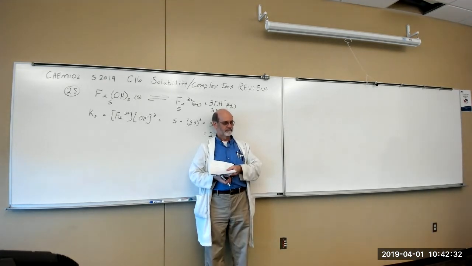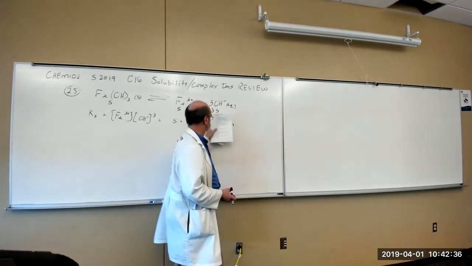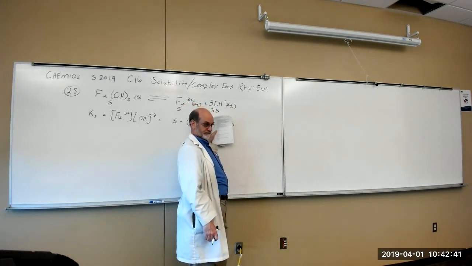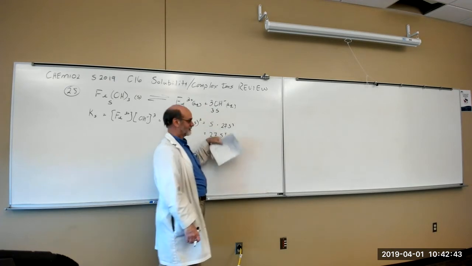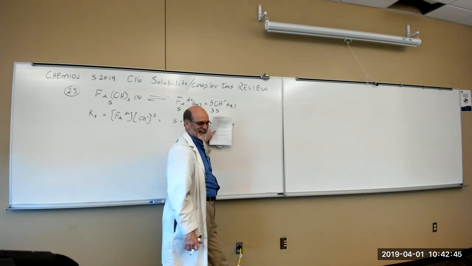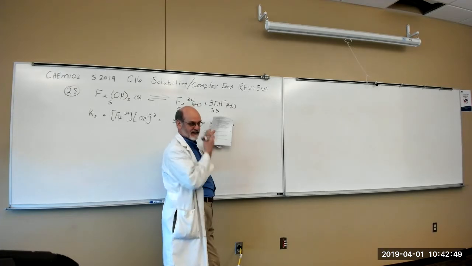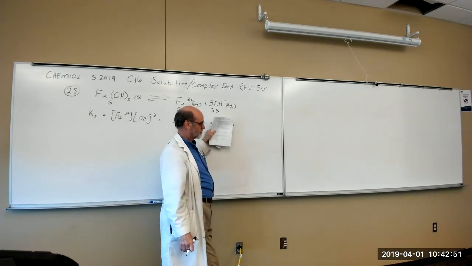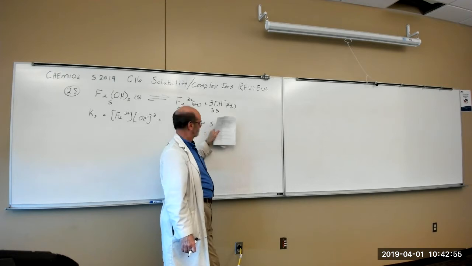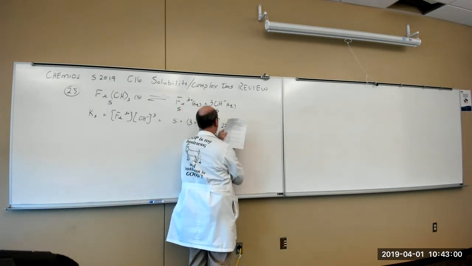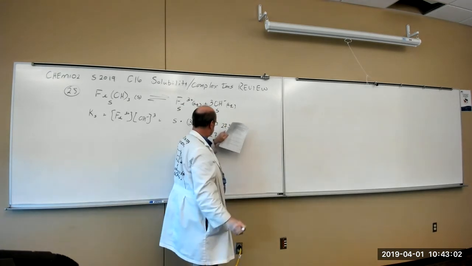So then that means on the top it's S times 3S cubed, right? S times 3 cubed, divided by... so then it actually just turns out it's 27S, whatever.